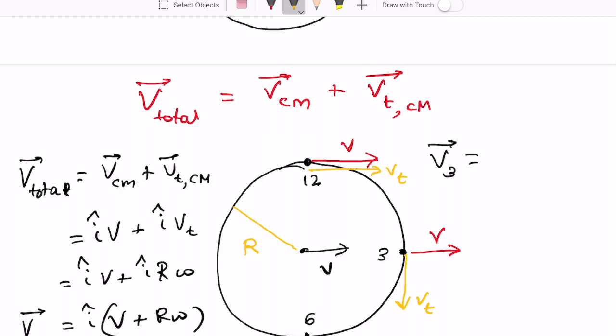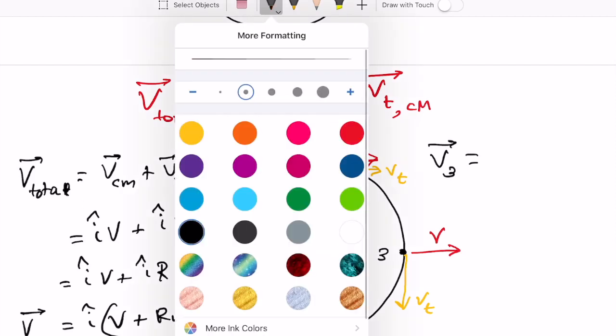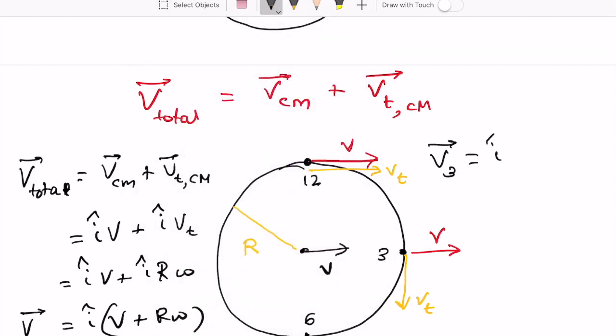So v3 would be i hat v minus j hat, because the tangential velocity is in the negative j direction. V tangential. So that's going to be i hat v minus j hat r omega. And this cannot be simplified any further. So that's what it is.